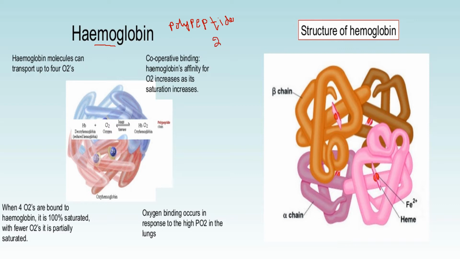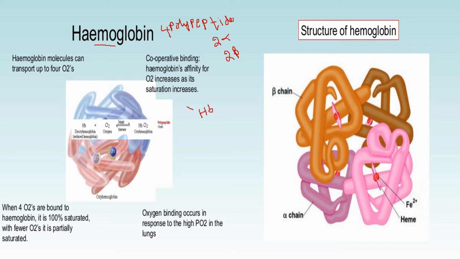Hemoglobin consists of 4 polypeptides, out of which 2 are alpha and 2 are beta. So each hemoglobin molecule binds with 4 oxygen molecules.